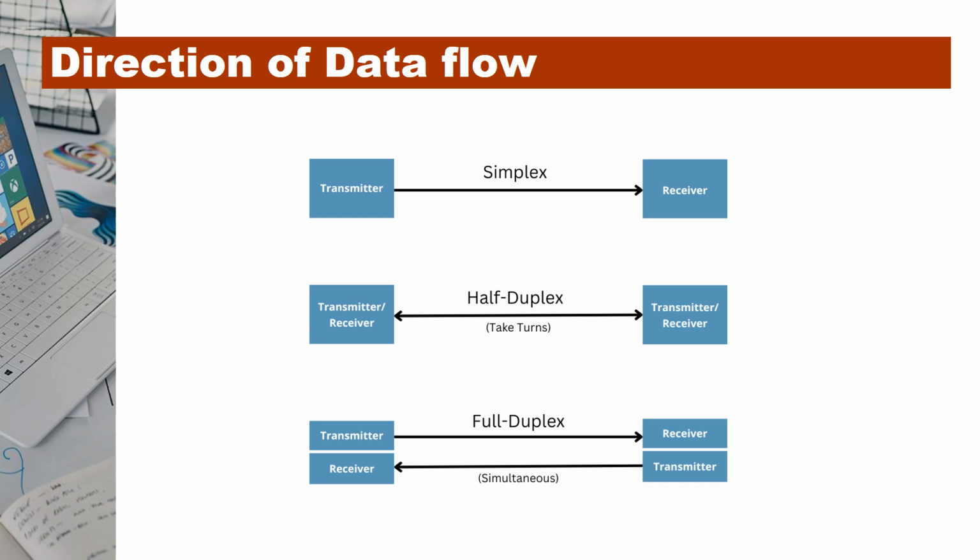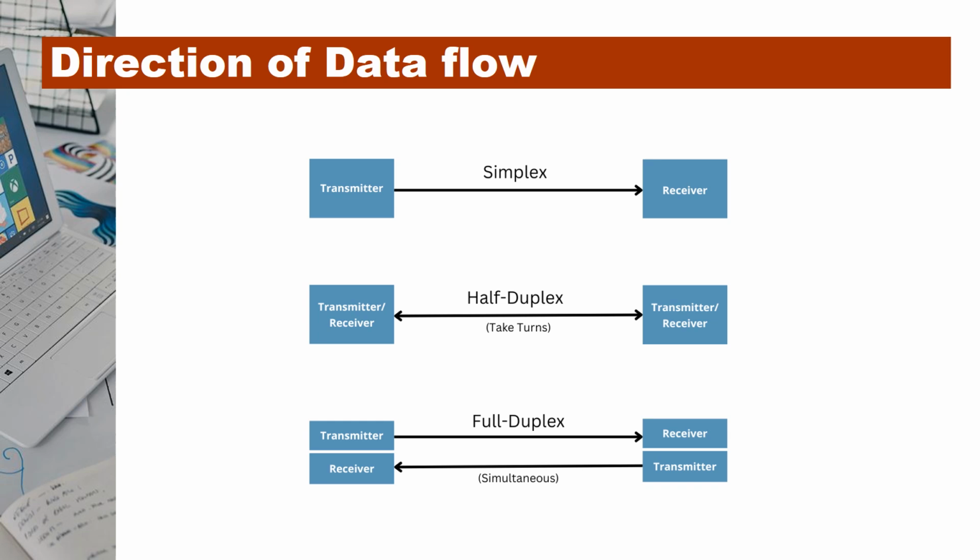Simplex communication is a one-way communication channel where data flows in only one direction, from the transmitter to the receiver only. An example is television broadcast, where the TV station sends signals to the TV receiver, but the receiver doesn't send signals back to the station.